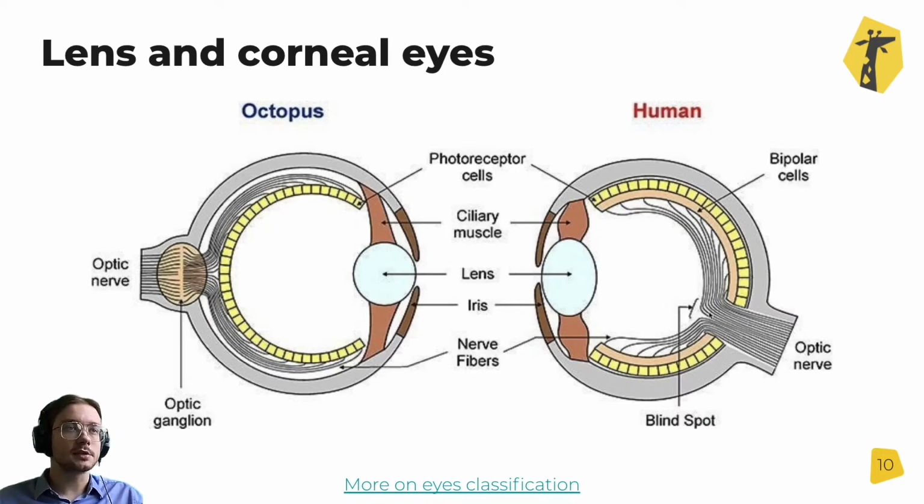In the case of a human eye, we have a layer of some fibers preventing our eye from overlighting, because when an animal lives underwater, it receives less light.